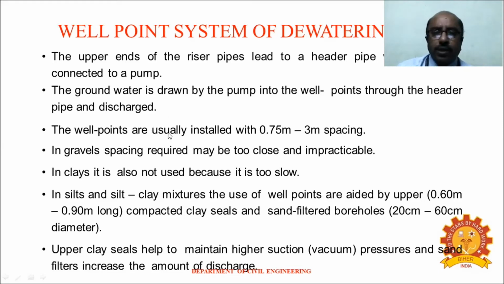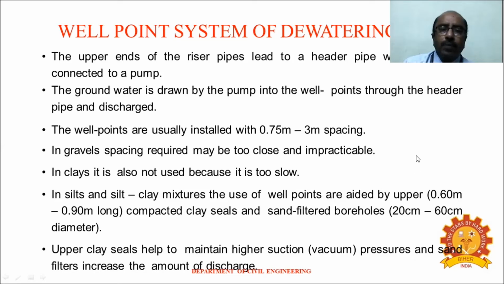These well points are usually placed at a spacing of 0.75 meter to 3 meter, depending upon the groundwater table and the rate at which you want to lower it. In gravels, the spacing required may be too close or impracticable. In clays, it is also not used because it is too slow.